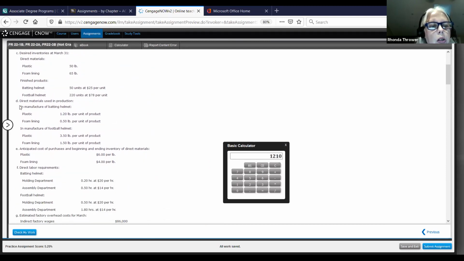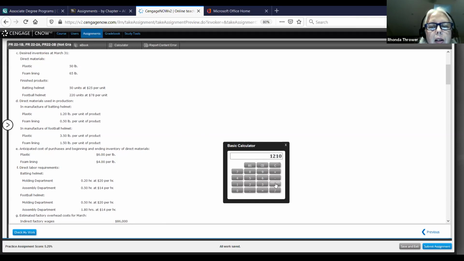And that's important D here, direct materials used in production. When we're manufacturing the batting helmets, we're going to use some plastic. And remember, the batting helmets was 1,210 units that we're going to produce. We're going to multiply this by the amount of pounds of plastic per unit of product.